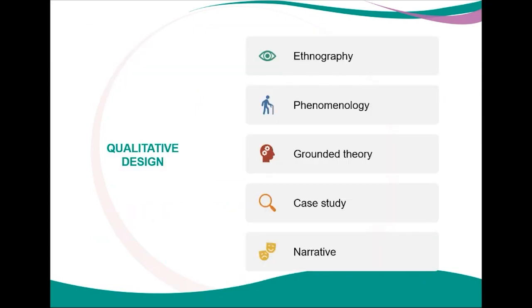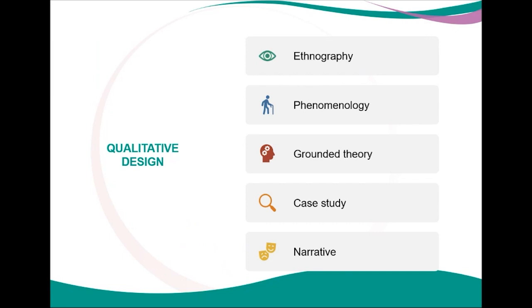So I will discuss with you different designs in different research methods. I'll start with the qualitative design. So we have 5 qualitative research designs. There are others, but we will only focus on these 5. We have ethnography as a qualitative design.